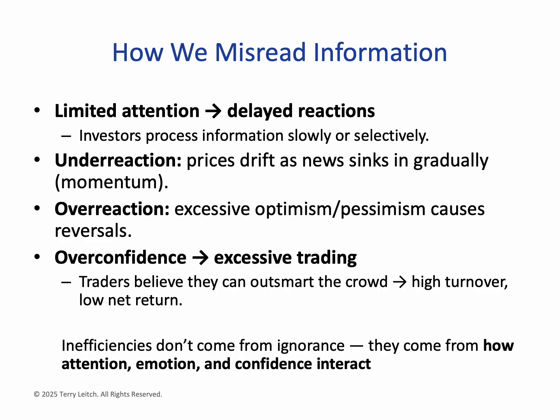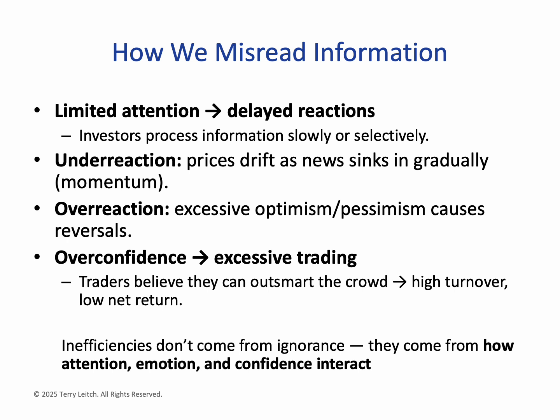Overreaction: excessive optimism or pessimism causes reversals. Okay, that's kind of what happened in the internet bubble, right? There was a lot of optimism, and then eventually people saw that they're not going to get the returns, and so the pessimism kicked in. Another one is overconfidence and excessive trading.